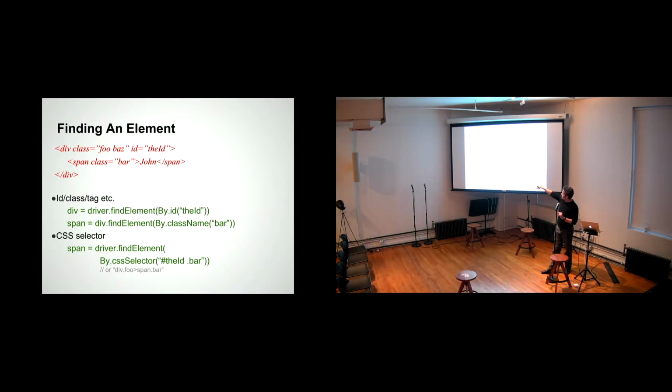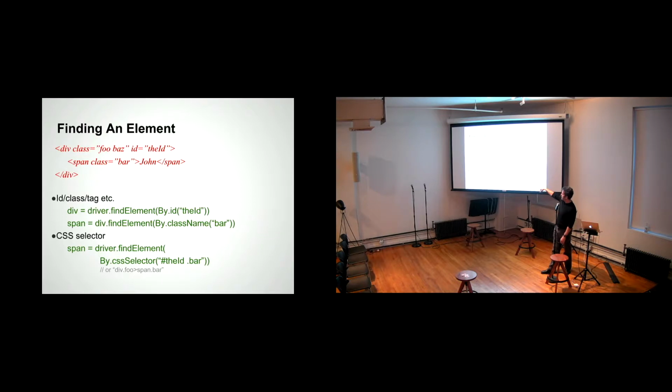Now, what we are saying is: browser, starting from div, look for an element with class name bar, and that will return span, right? So we have two steps. This went to the browser twice, right? We can also use CSS selectors, which allow us to do it more compactly.